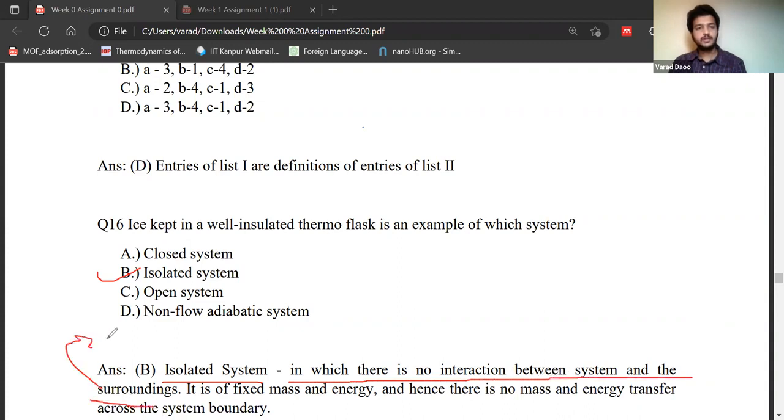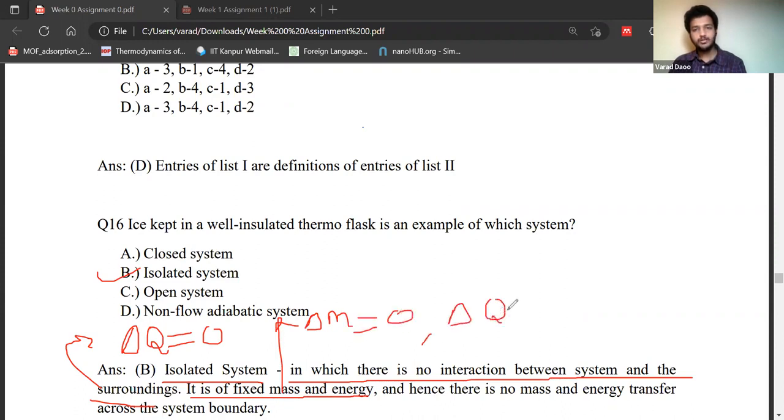That means delta Q is equal to 0. It is a fixed mass and energy. That means delta M also equal to 0 and delta Q is also equal to 0. This is the definition of an isolated system.